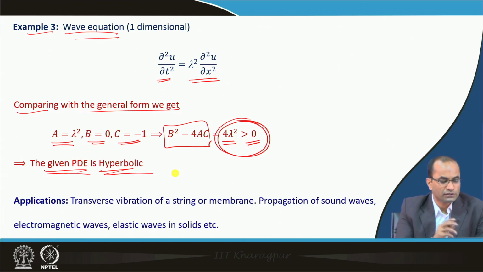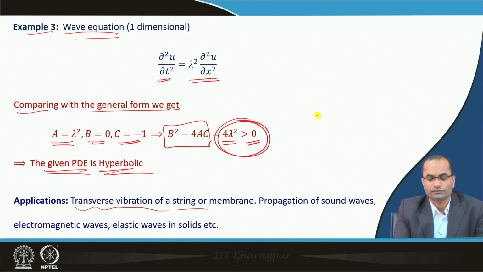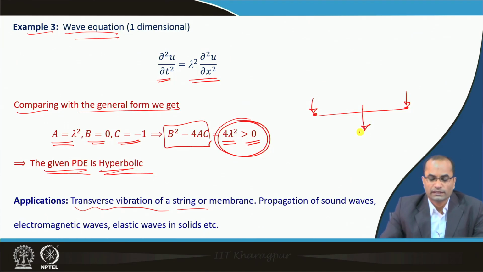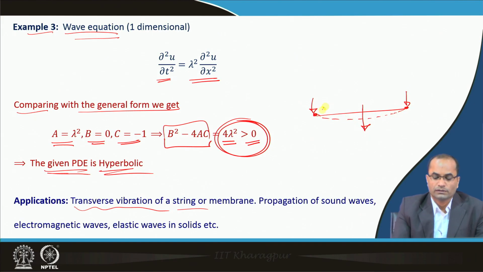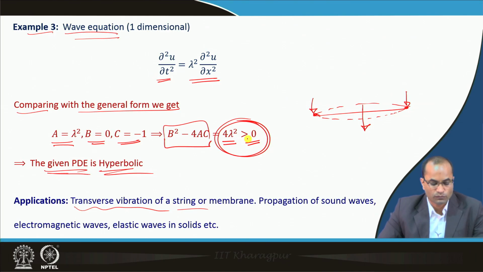The applications for this equation, the most important is the transverse vibration in a string. So, if we have a string for instance fixed at these two places, and then we initiate some movement of this in this direction, then this displacement from the original state can be modeled with the help of the so called wave equation.